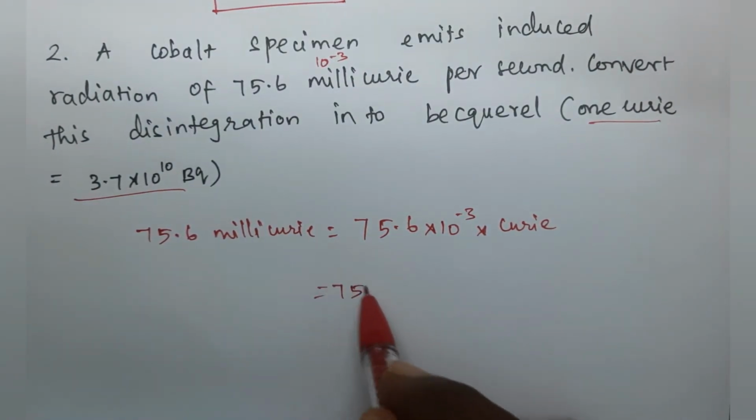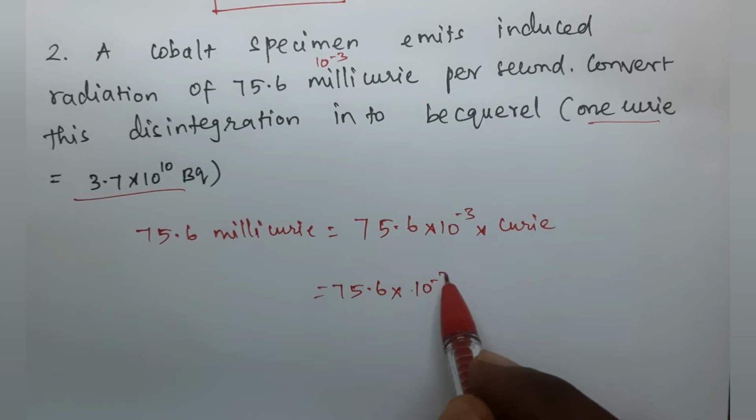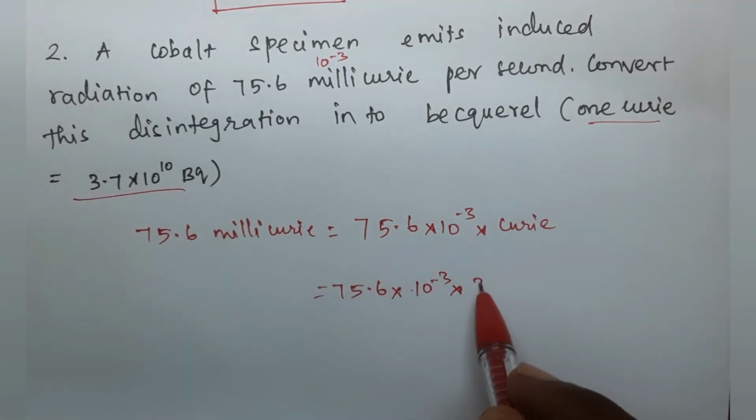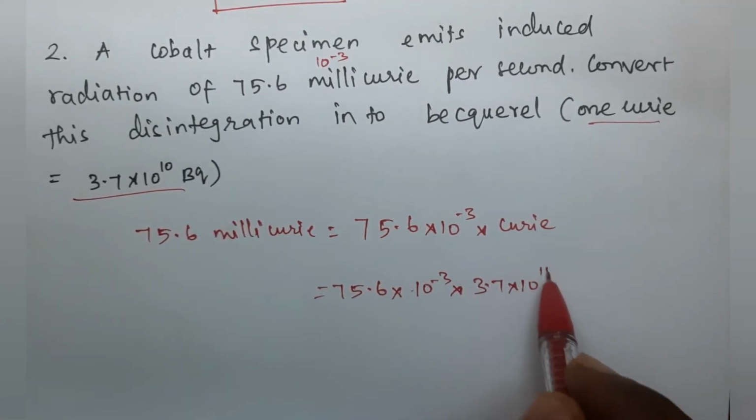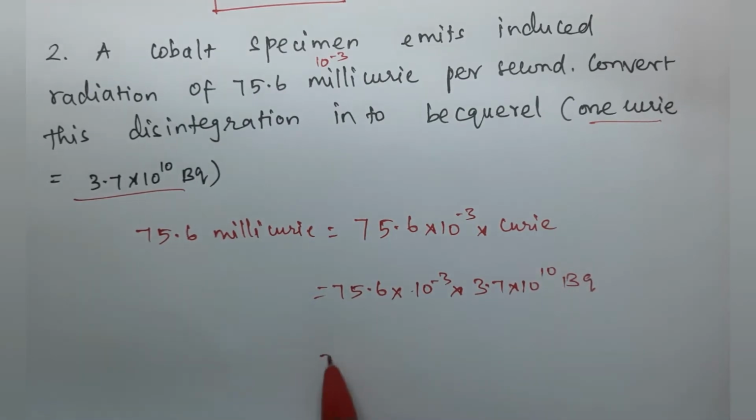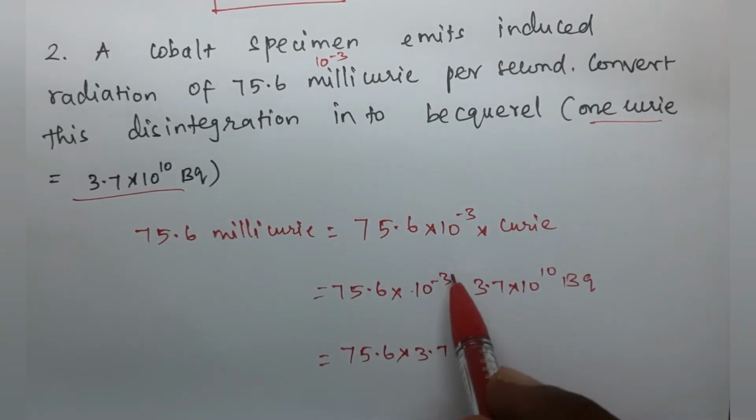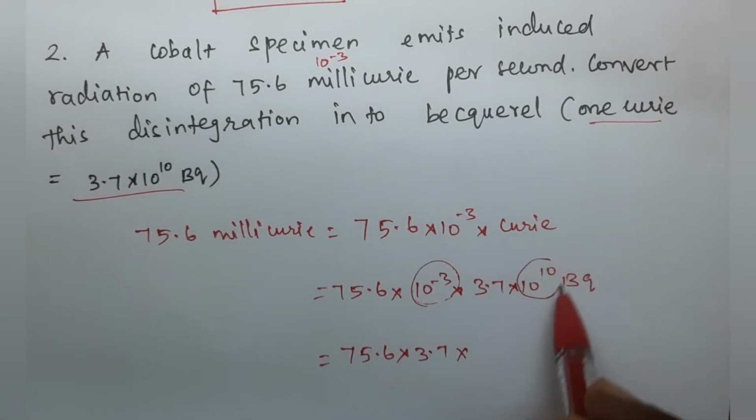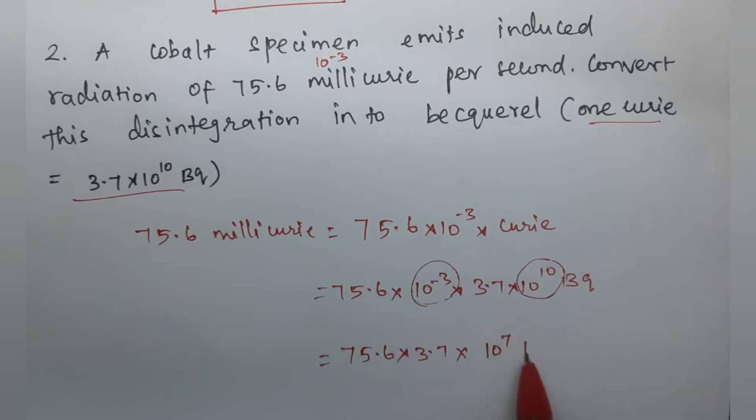So 75.6 into 10 power minus 3, into 3.7 into 10 power 10 becquerel. If you simplify the powers, you'll get 10 power 7 becquerel.